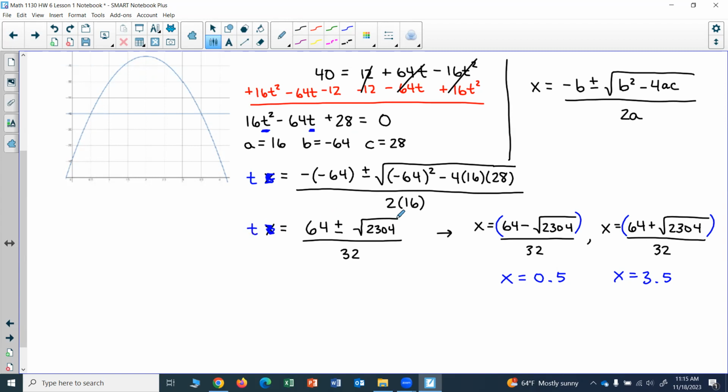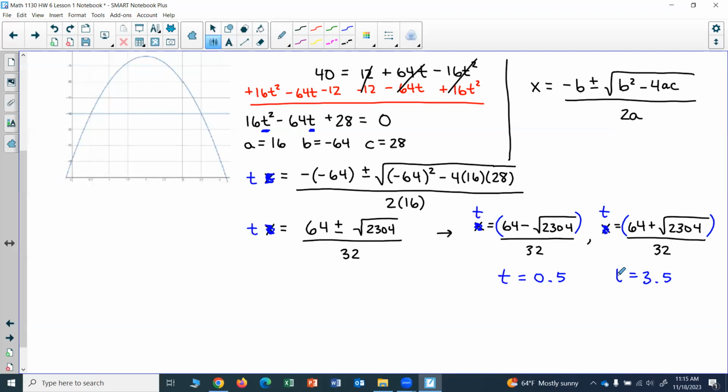You just want to make sure you're using the correct variable in the end when you give your final answer. So all the x's should be t's. And so my answers are going to be t equals 0.5 and t equals 3.5. And our units are in seconds.